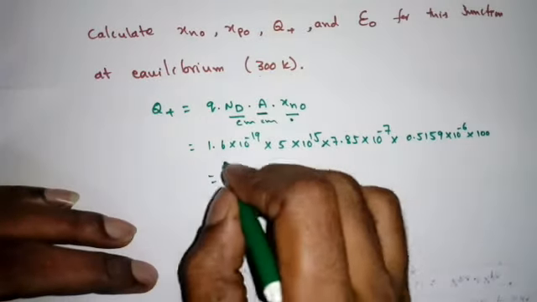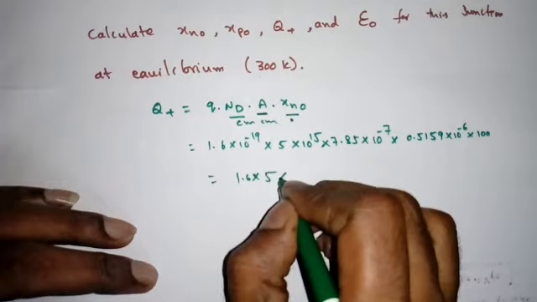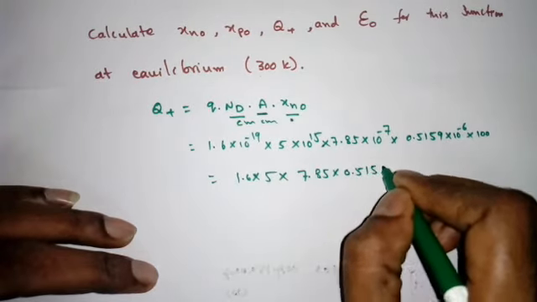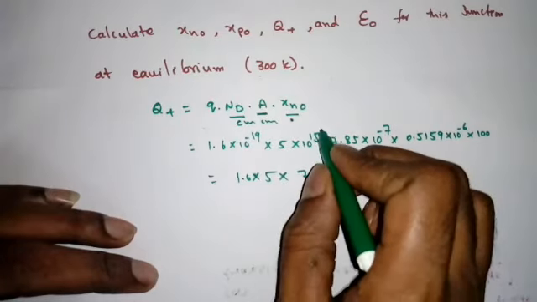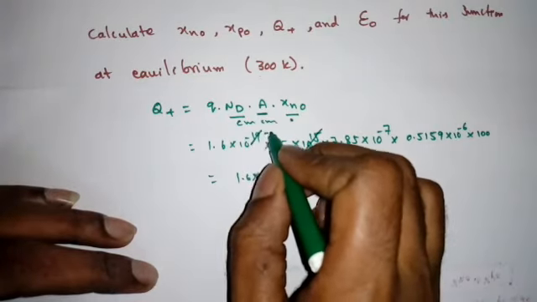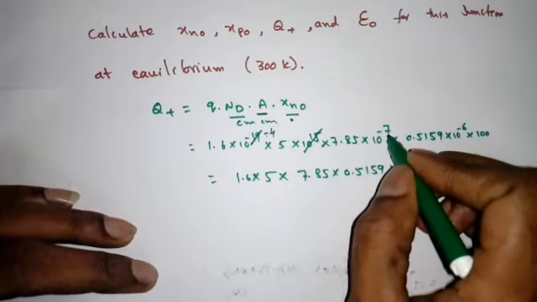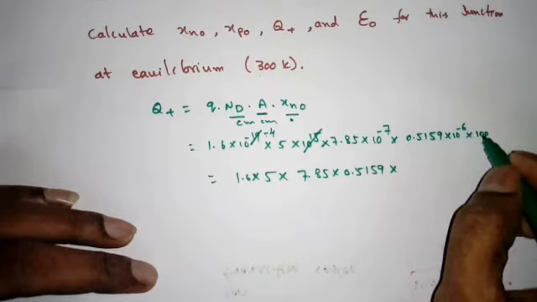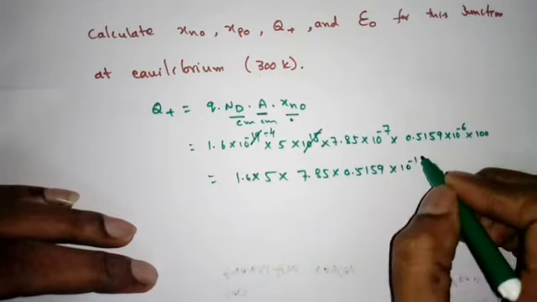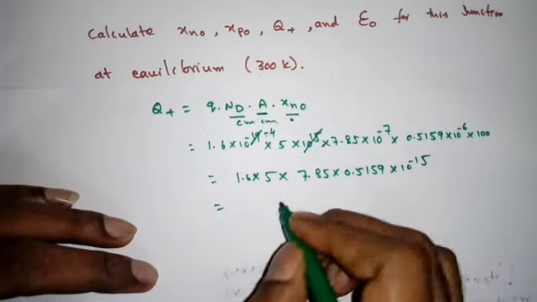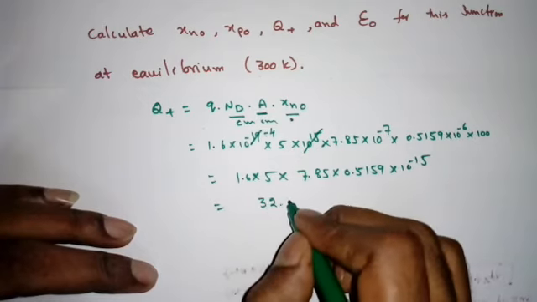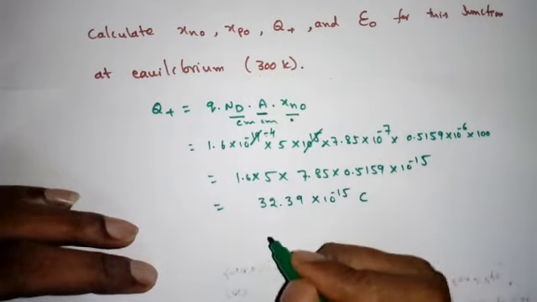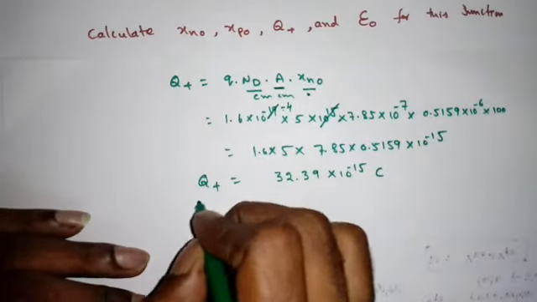Then 1.6 into 5 into 7.85 into 0.5159 into, this is 10 to the power 15, this is minus 19 means we'll get minus 4, minus 4, minus 7, minus 11, this is 6, minus 17 into 100 means we'll get 10 to the power minus 15. So when I multiply all these values, I will get 32.39 into 10 to the power minus 15 coulombs, right? This is the net positive charge.